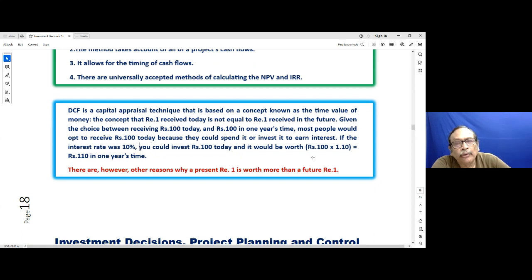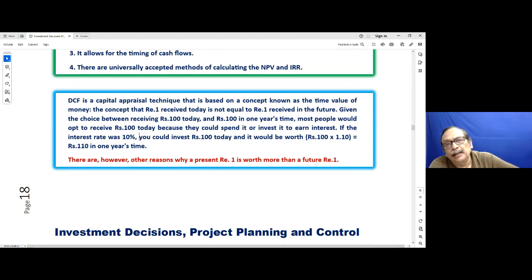Now, DCF is a capital appraisal technique that is based on a concept known as the time value of money. The concept is that rupee 1 received today is not equal to rupee 1 received in the future.